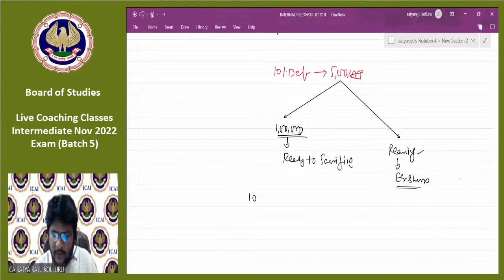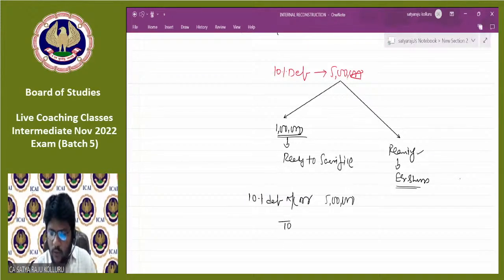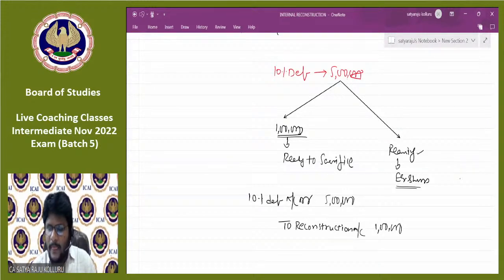That is 10% debentures account debtor. First, you need to cancel the entire amount of 5 lakhs. Because out of the 5 lakhs, 1 lakh is ready to sacrifice, it should be transferred to reconstruction account or capital reduction account. For the remaining 4 lakhs, debenture holders are expected to get equity shares.